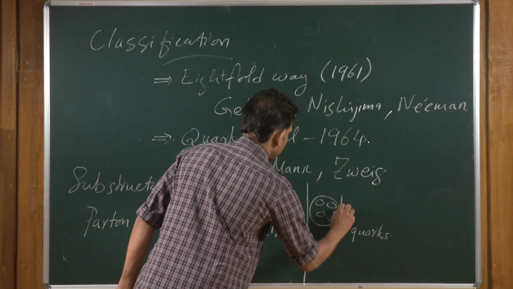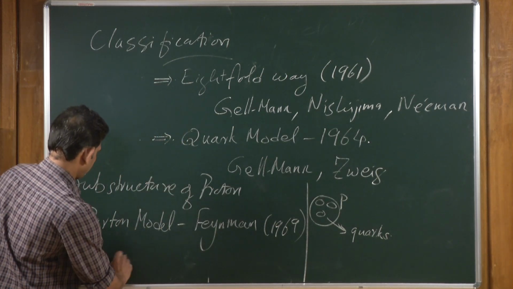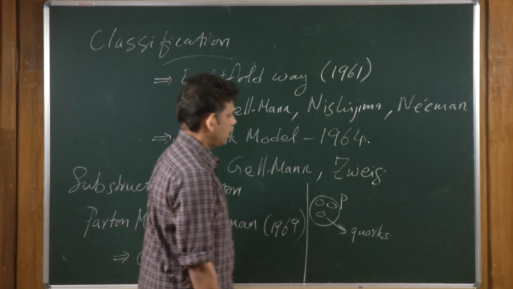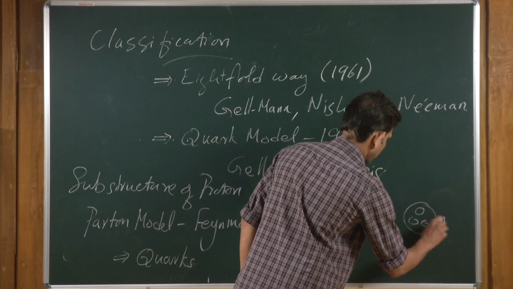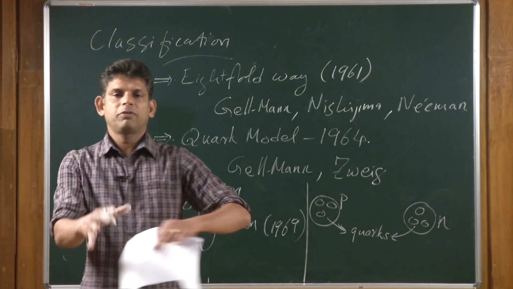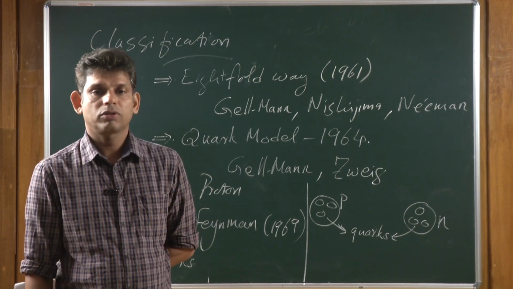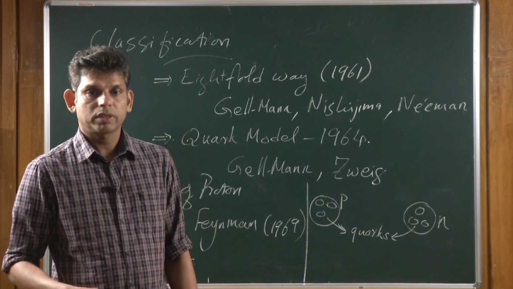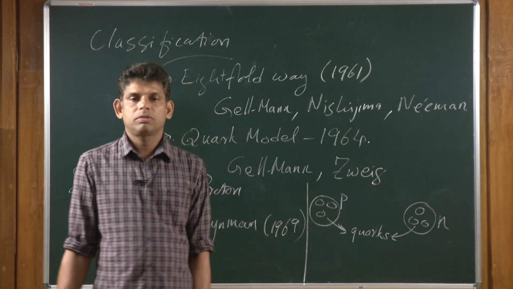This is a proton, and a proton is made of these quarks. Neutron is also made of quarks. So, there must be many different types of these quarks and different combinations of them, so that a proton is a proton and is different from a neutron. Otherwise, if it is all the same type and the same number of these things, how will they differ from each other?